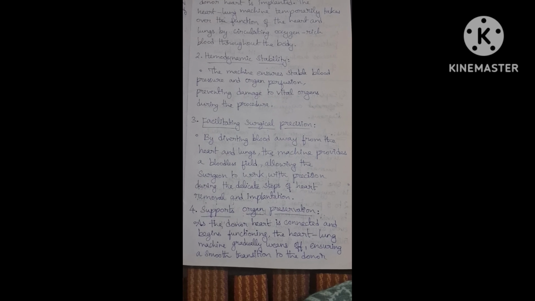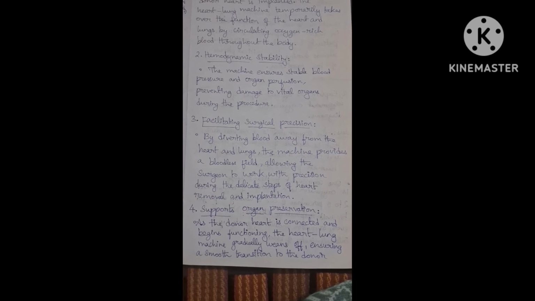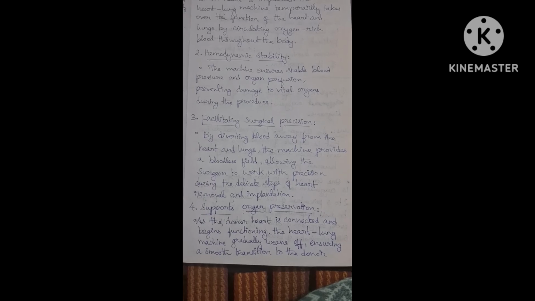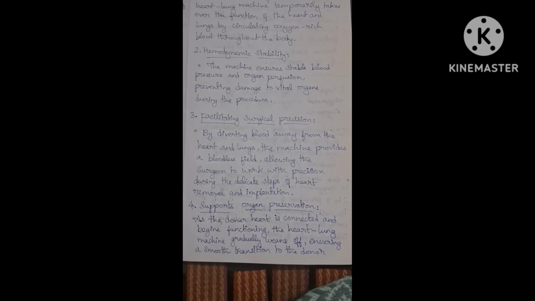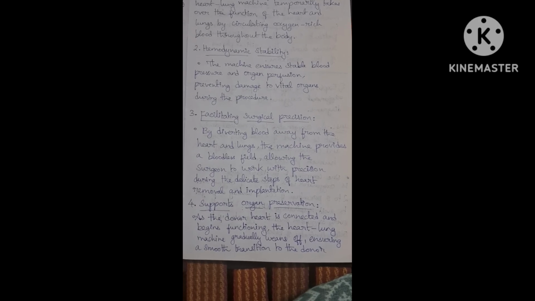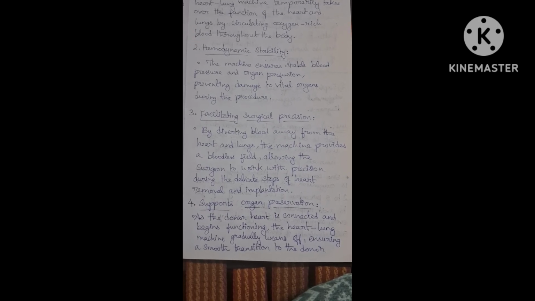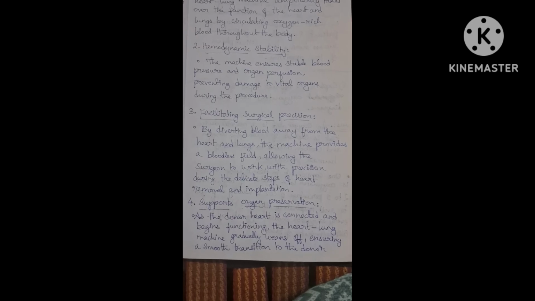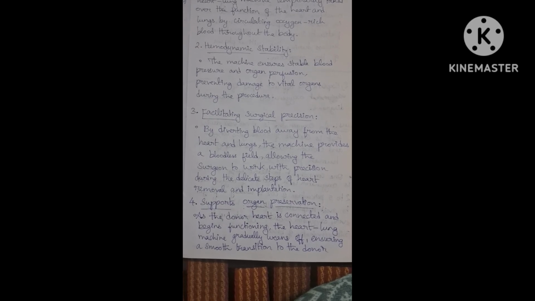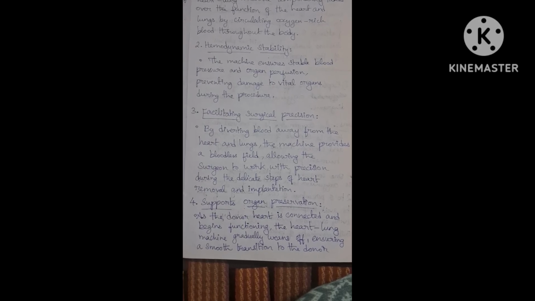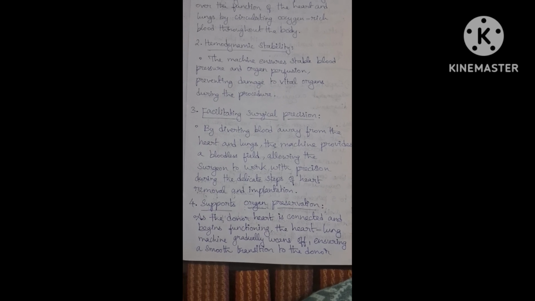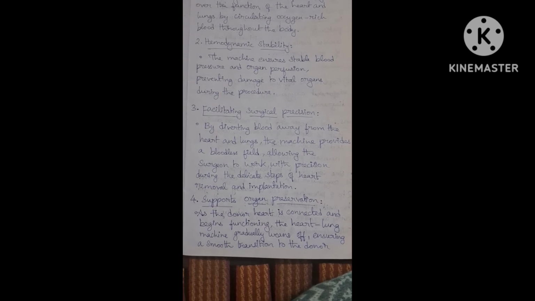The machine ensures stable blood pressure and organ perfusion, preventing damage to vital organs during the procedure, facilitating surgical precision. By diverting blood away from the heart and lungs, the machine provides a bloodless field, allowing the surgeon to work with precision during the delicate steps of heart removal and implantation. Supports organ preservation.